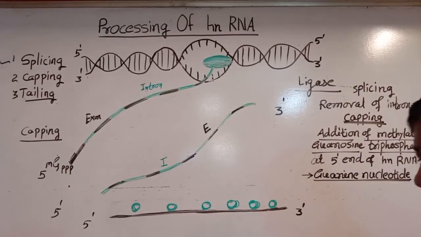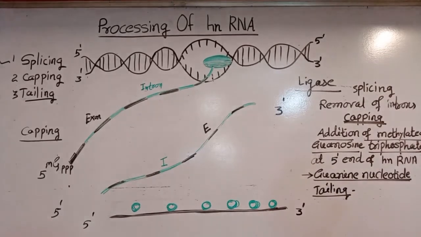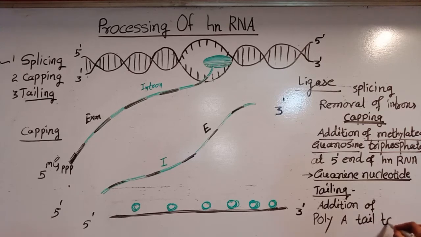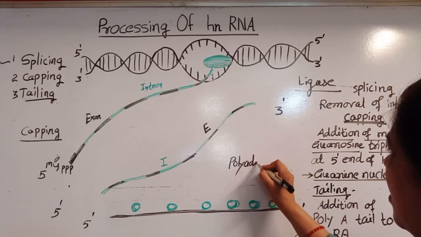So tailing is addition of poly A tail to the 3' end of hnRNA, that is polyadenylation.